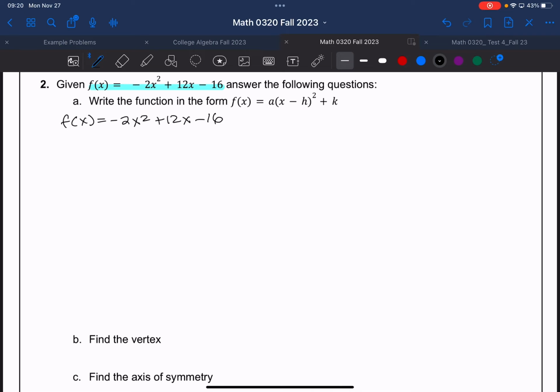And remember, my first step is to see if I can take a numerical GCF from the first 2 terms. Am I able to do that? Good, -2. So I have f of x is equal to -2 x squared minus 6x minus 16.